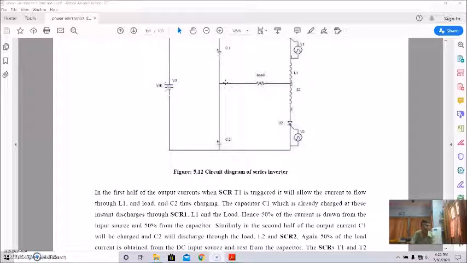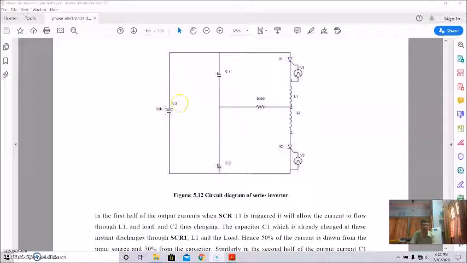C1 will be charged, and C2 will discharge to the load like this. This is the discharge part of C2, and this is the charging part of C1.